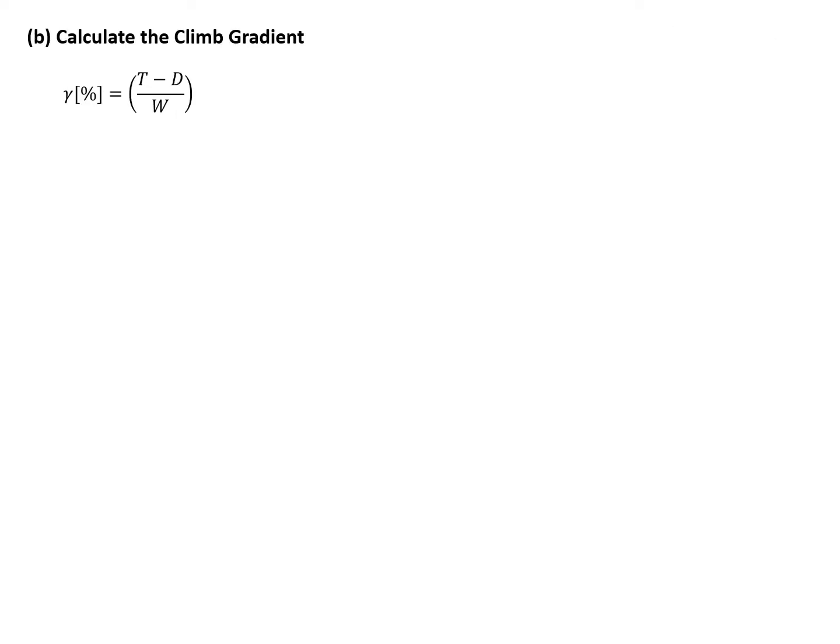The second question is to calculate the climb gradient, and we know the climb gradient is measured in percentage, and it's exactly the excessive thrust. Okay, so because we've calculated D, T, and W, so we know the climb gradient is about 9%.